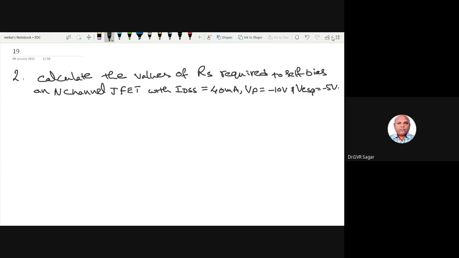Calculate the values of RS required to self-bias an N-channel JFET. Given that IDSS is equal to 40 milliamps, VP is minus 10 volts and VGSQ is equal to minus 5 volts. Right?